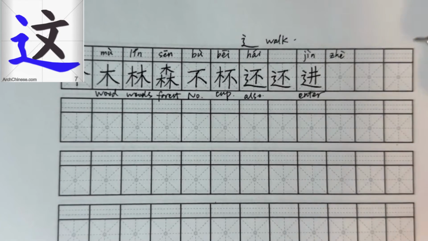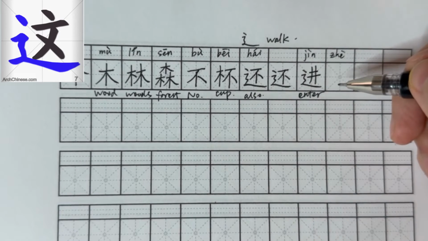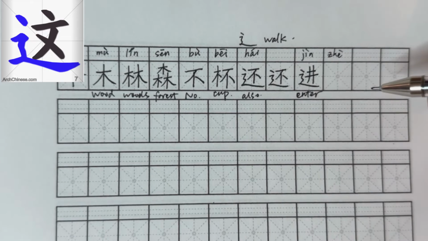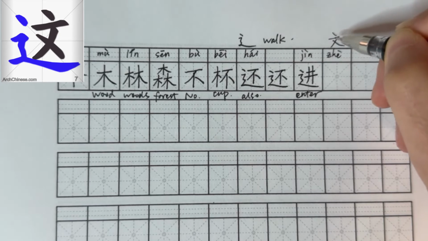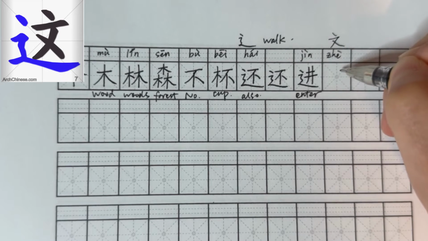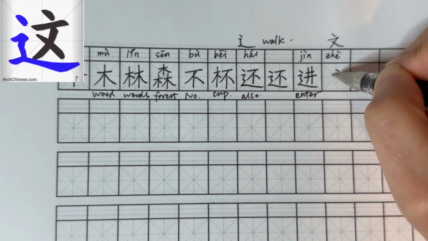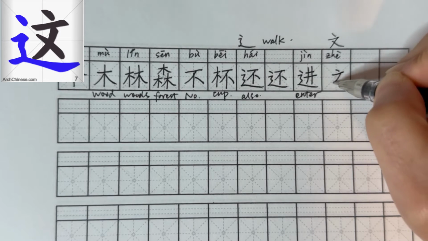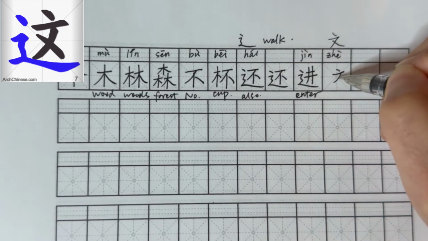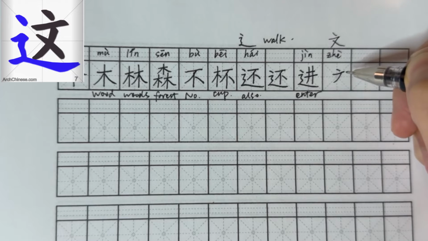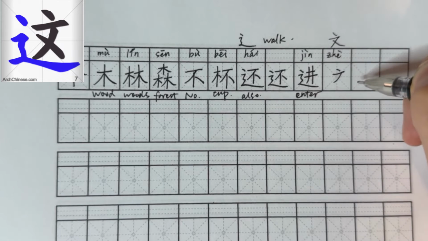Let's continue. Next one. 这, same radical. What is the other component? Yeah, we wrote it in the last video. It is character 文, means literature. All right? 点横撇捺. We write this part first, right? 点横撇. Since we don't have a lot of space here, we tend not to put two nas together.